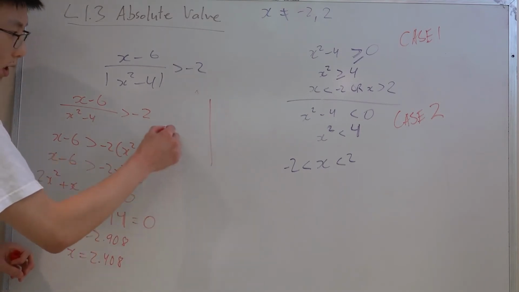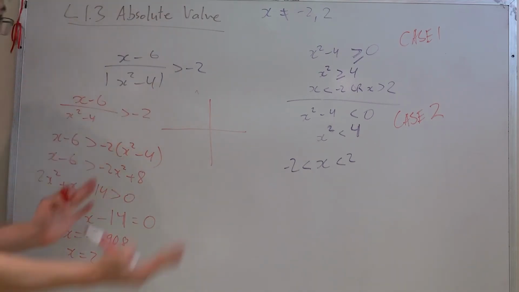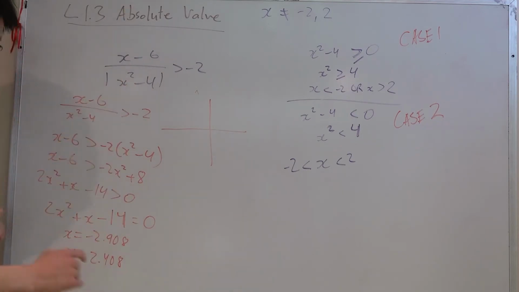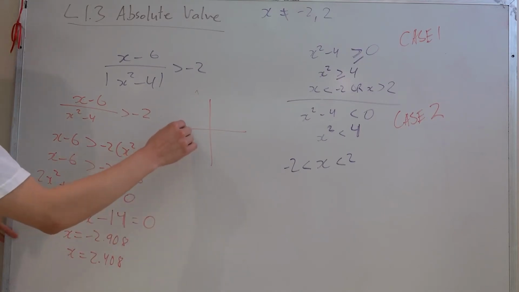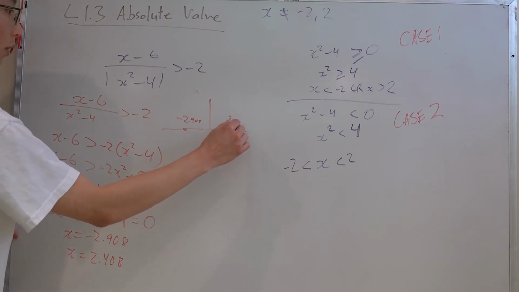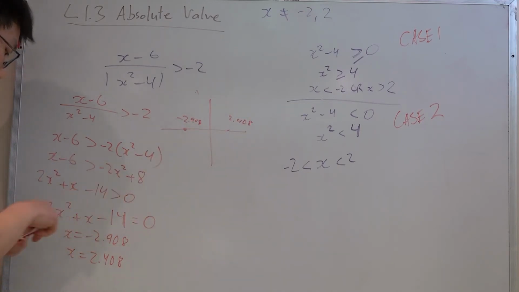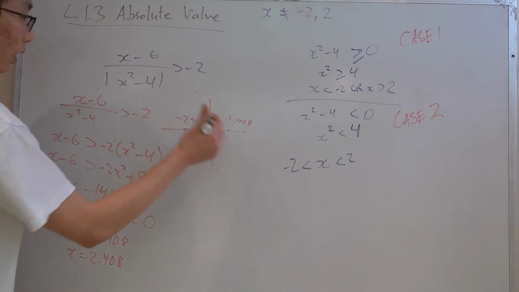Now, just consider the geometry of this parabola. You know that this parabola has to open upward, right? It's going to be a U shape just by looking at the first term here. So you know the zeros are here and here, and you can just very roughly sketch it. So -2.908, and here is 2.408. If I were to just sketch my parabola, it would look something like that.